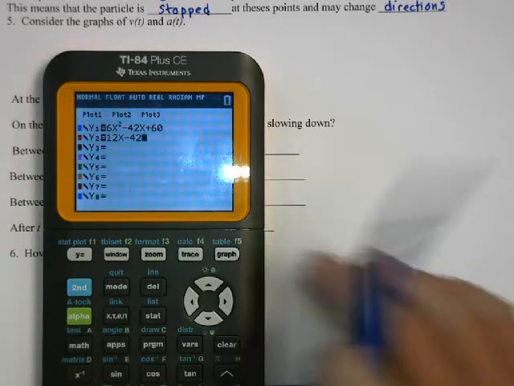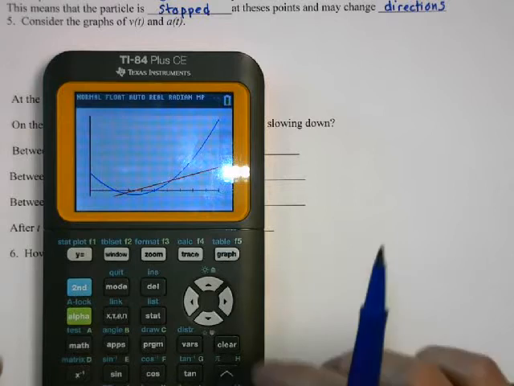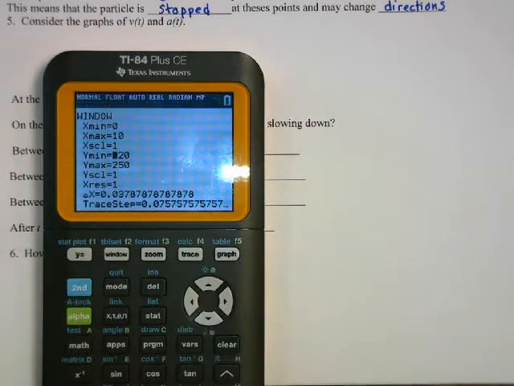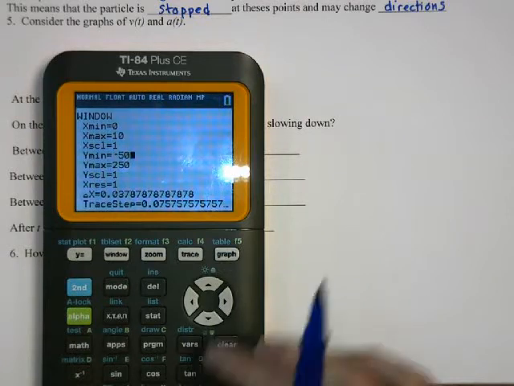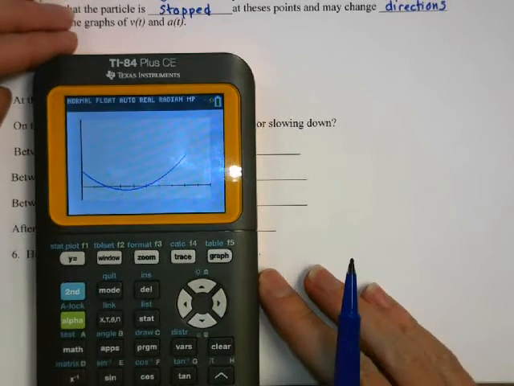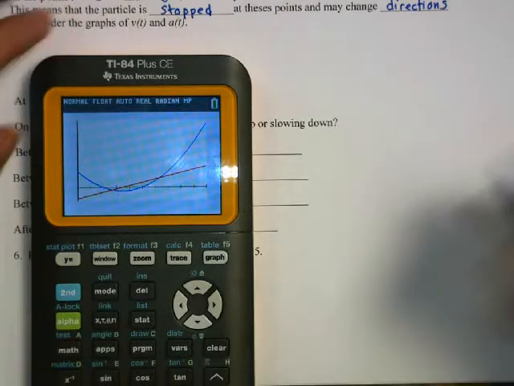If I graph that now, there's our velocity and there's our acceleration. I'm going to make my window a little bit lower so we can see the entirety of both graphs. And we'll answer some follow-up questions here.